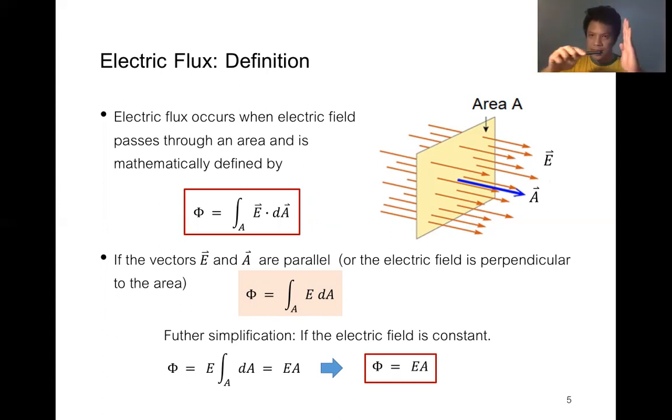But if E is passing directly through the area, so E and A are in the same direction, we count the electric flux.